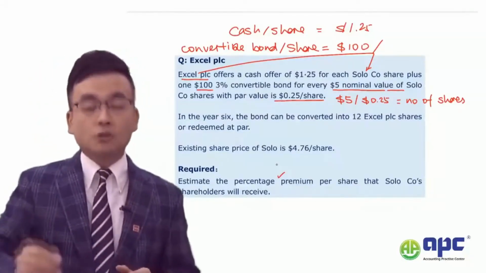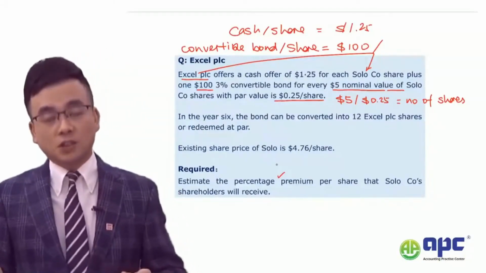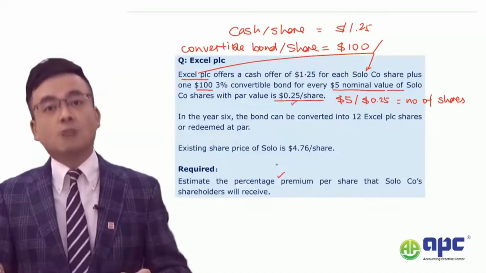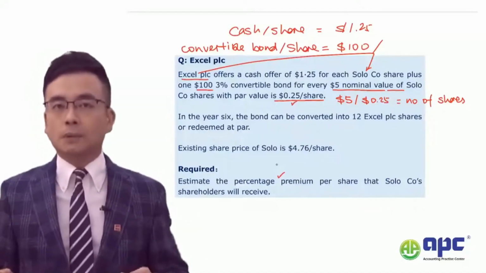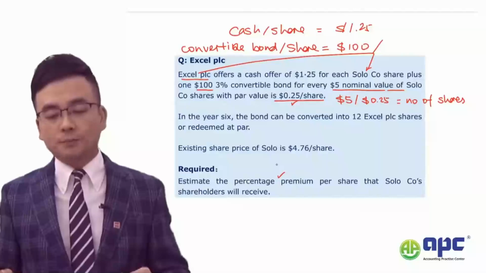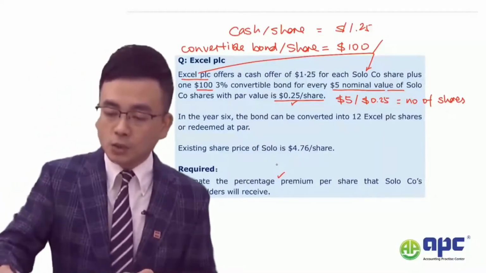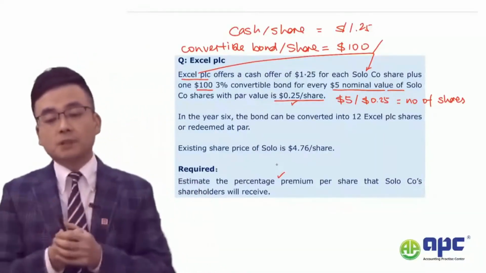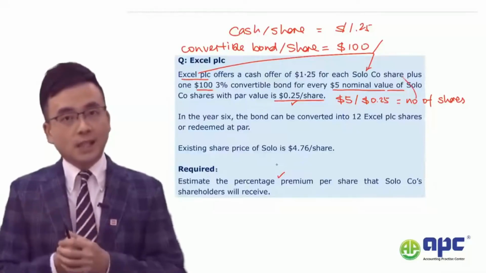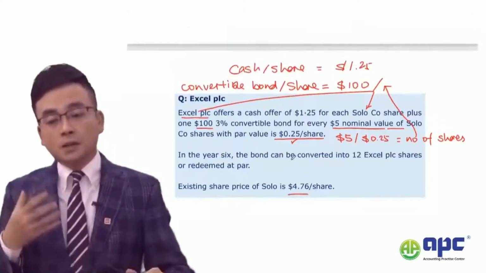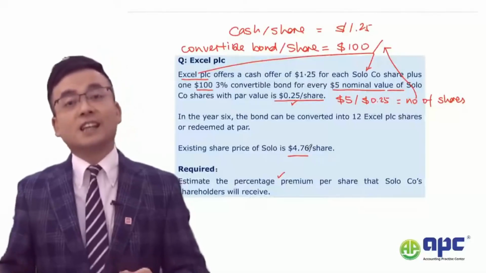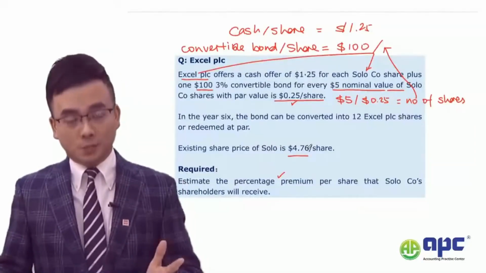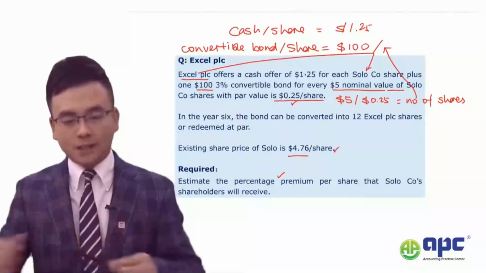The par value of 0.25 is determined when we firstly register the business, I mean, registering the Solo company as the very first start. So we can simply divide this into the number of shares, and that's how we do it. Now, we are also told the existing share price of $4.76 per share, so we can compare that there.